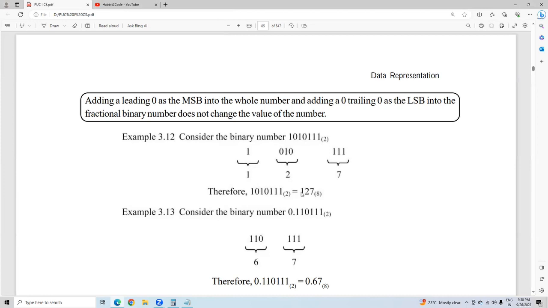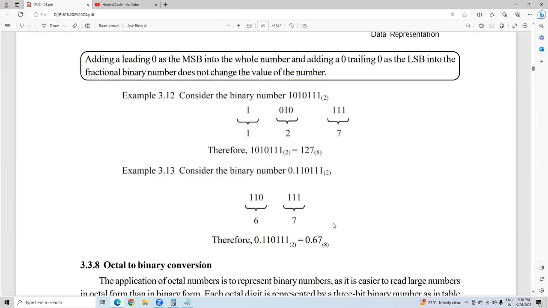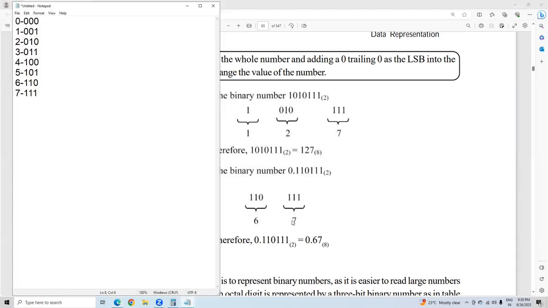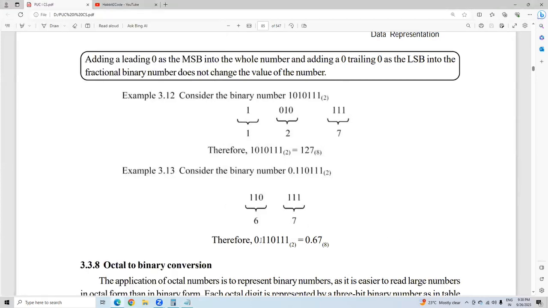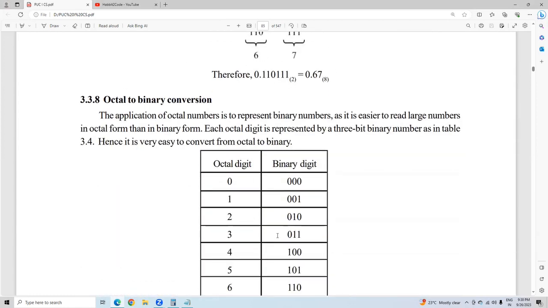Now there is a fraction number here: 1 1 0 is one group and 1 1 1 is another group. 1 1 0 means 6, 1 1 1 means 7. You need to remember this set, then only you can handle this conversion. Hence 0.110111 base 2 is equivalent to 0.67 base 8, that is the octal equivalent.